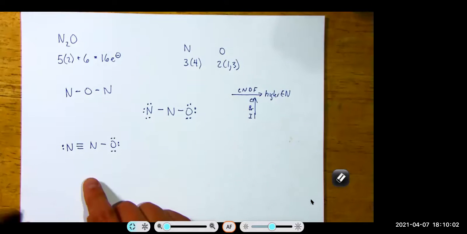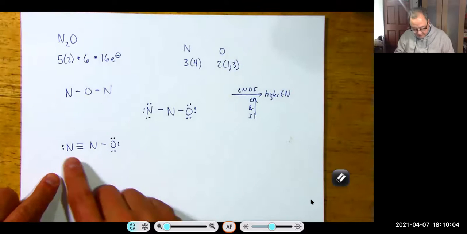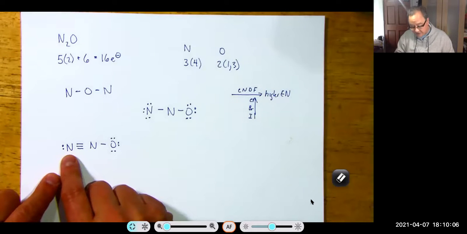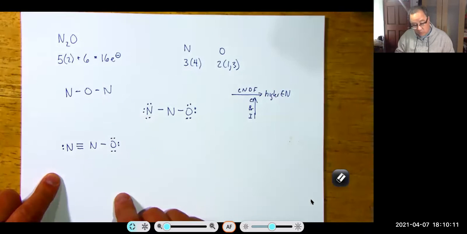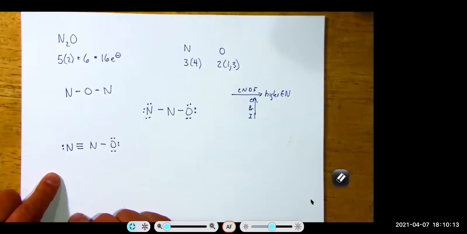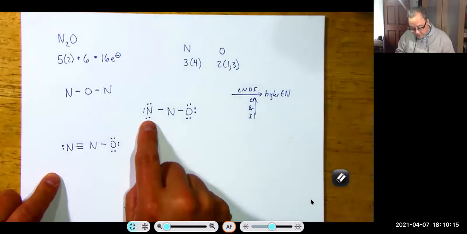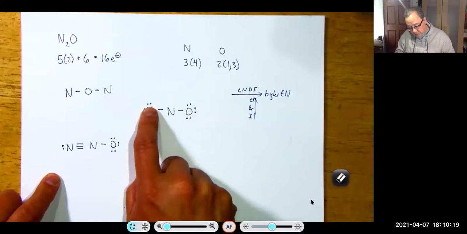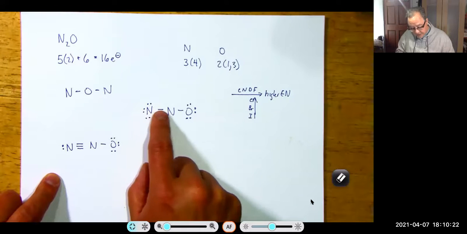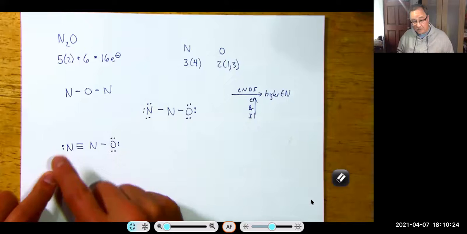So first of all, do you see that on this nitrogen on the far left, there used to be 3 lone pairs, and now there's 1. Well, one of these lone pairs I turned into a bond between the 2 nitrogens, and the other lone pair I turned into a bond between the 2 nitrogens, and the third lone pair I left alone.